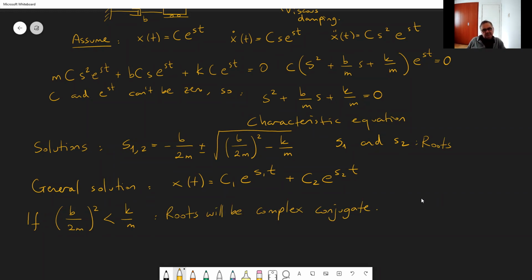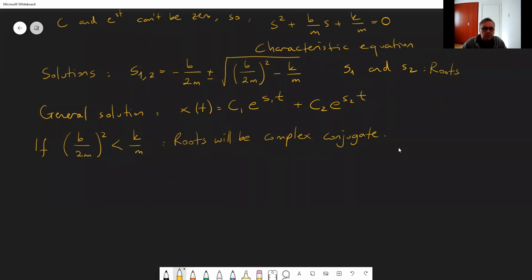Okay. Well, let's look at all the cases here. For example, the simplest case is if you assume no damping, in which b is 0. This reduces to the free vibration with no damping case, okay?